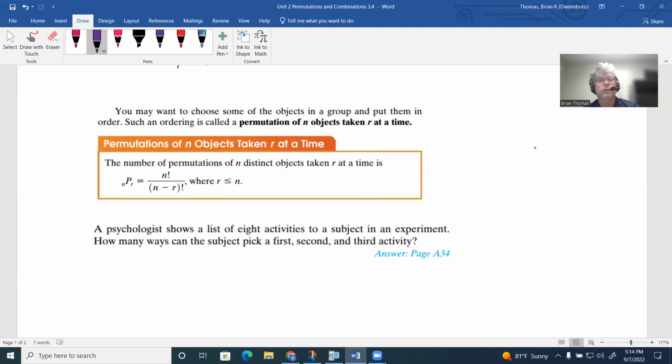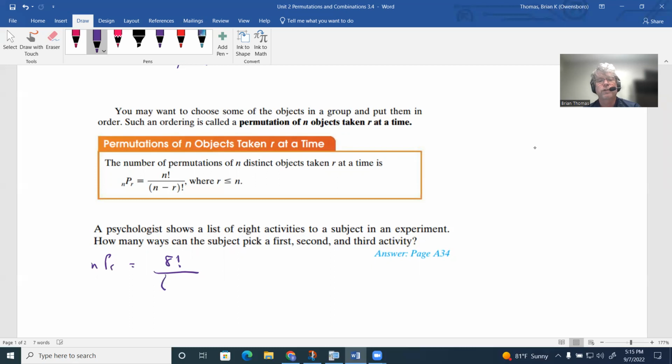So the way this works is, the formula would be nPr. n factorial, where n is the number of actual objects. So there's 8 activities. So that would be 8 factorial on the top. On the bottom, you'd have n minus r factorial.